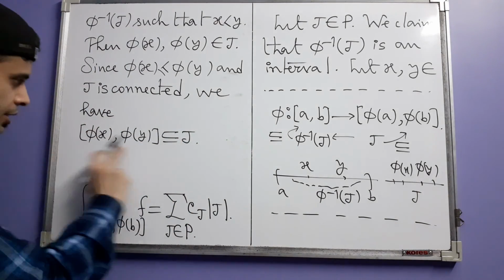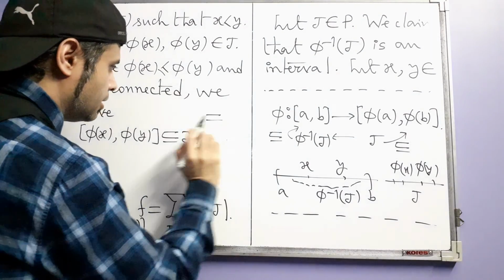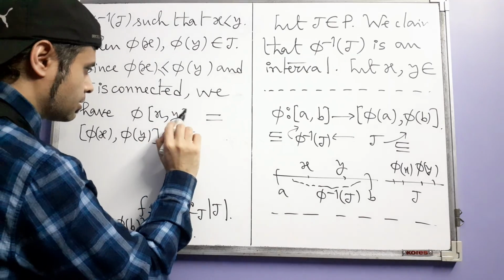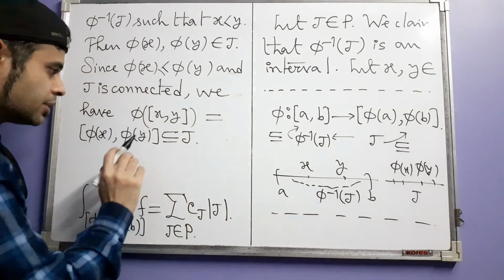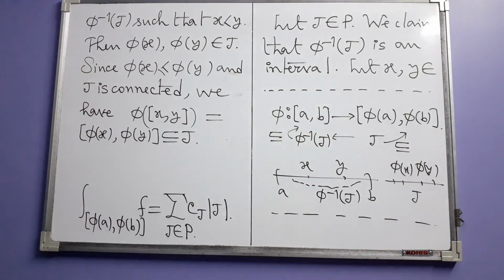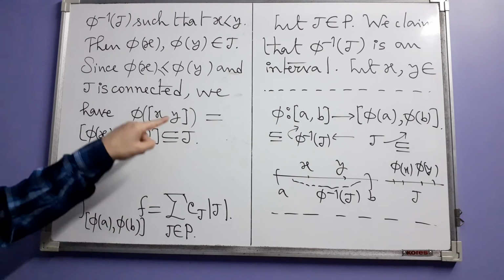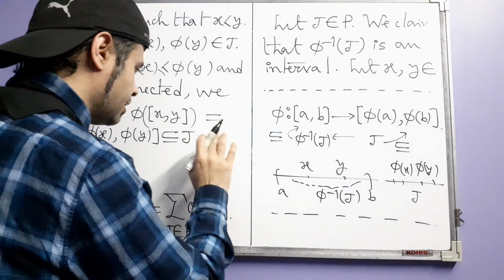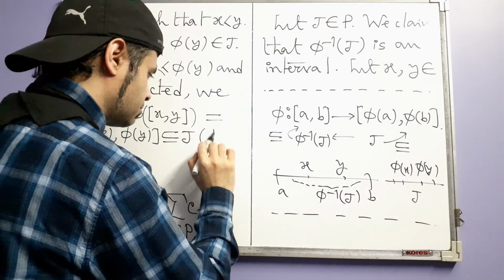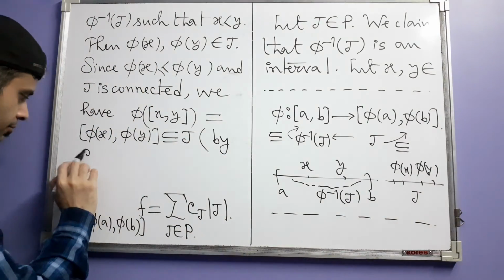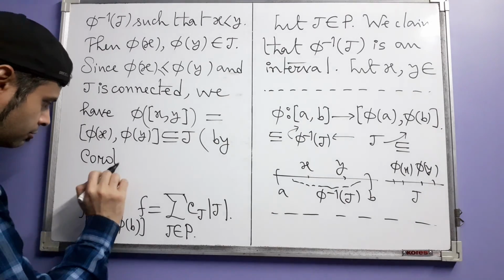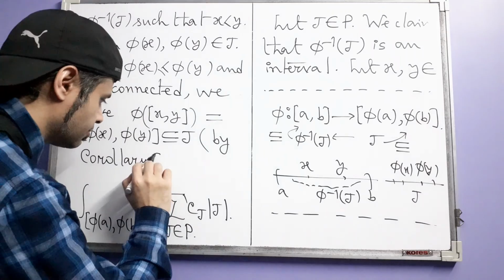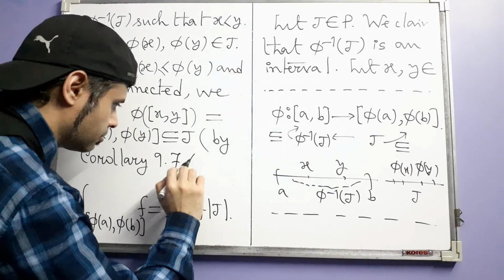However, this interval is equal to the phi image of x comma y. The question is why? This containment we understand, but why is this equal to phi of x comma y? That thing is coming from corollary 974.